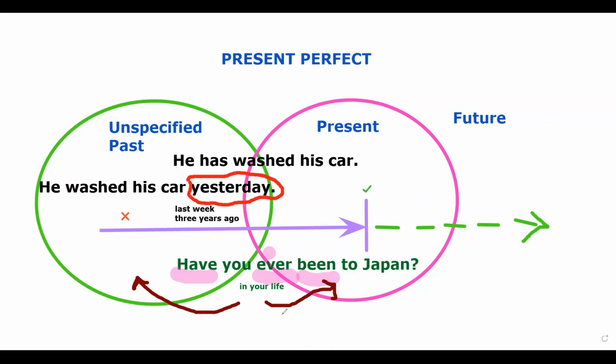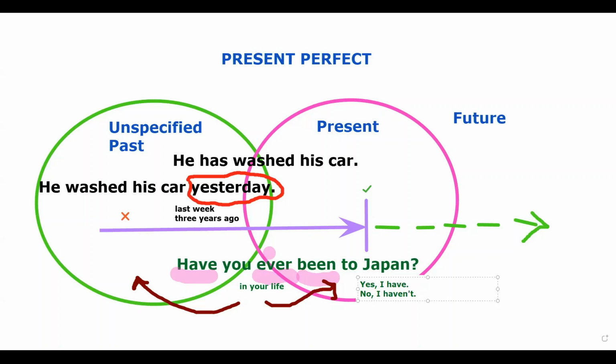This is a very, very common example of present perfect, right? Your answer might be something like, yes, I have, or no, I haven't.